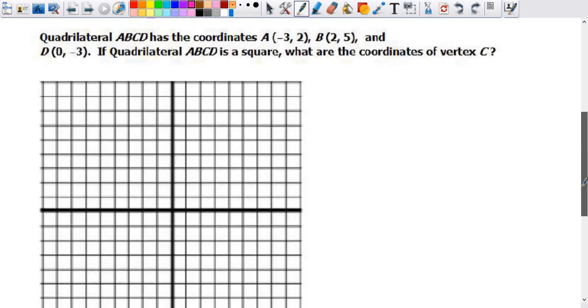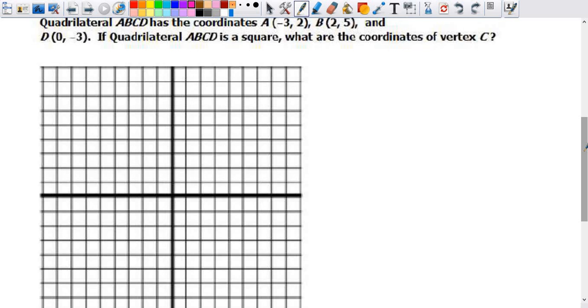All right, last question. They love to give you this kind. Quadrilateral ABCD has the coordinates A, B, and D. So you have to figure out if this is a square, what could the coordinates of vertex C be? So step 1, let's go ahead and plot these points. So point A is at -3, 2. We have point B at 2, 5.